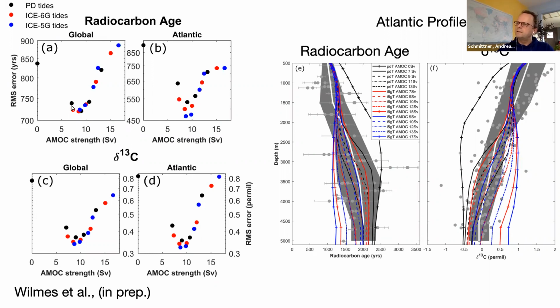And now you can see that the black and red and blue dots almost all fall onto one curve that has a minimum here around 9 Sverdrups. So this is what we would call the best estimate for the LGM AMOC strength. It's around 9 Sverdrup, compared to 17 Sverdrup in the modern ocean, right? So much weaker.